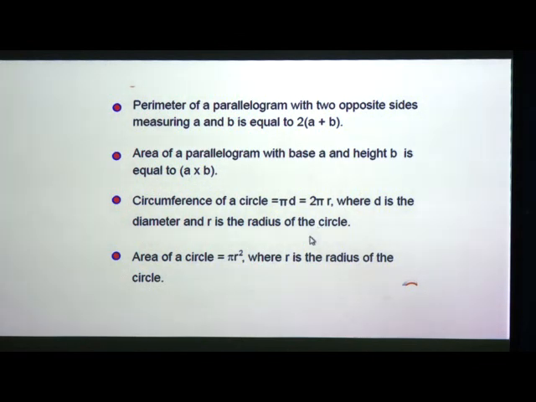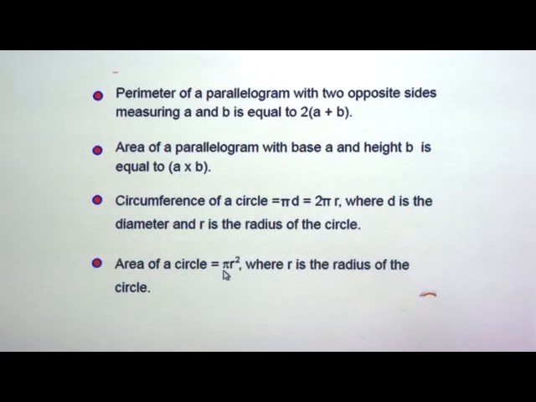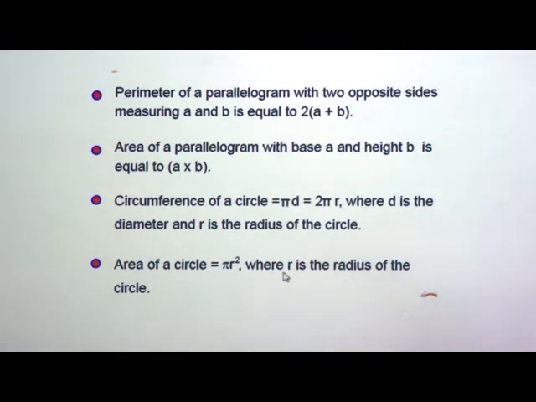So, in this way we can find out the circumference of a circle. Now, area of a circle. Now, this was circumference. Now, we will find the area of a circle, which is pi r square. R square is nothing but radius square. The value of pi is standard, where r is the radius of a circle.